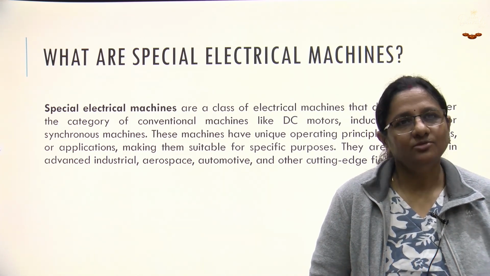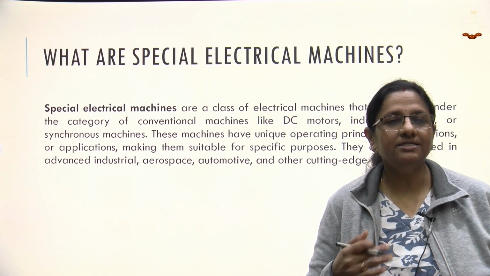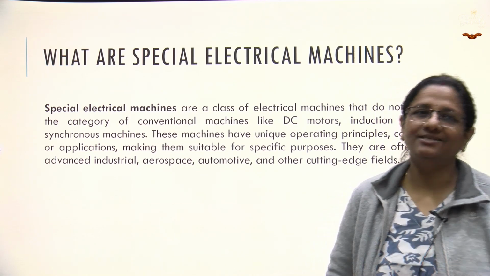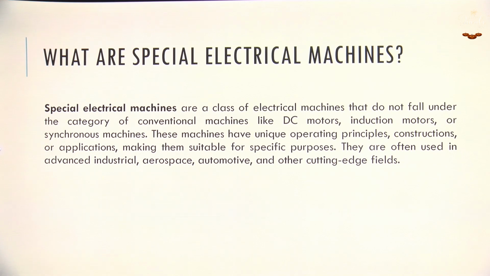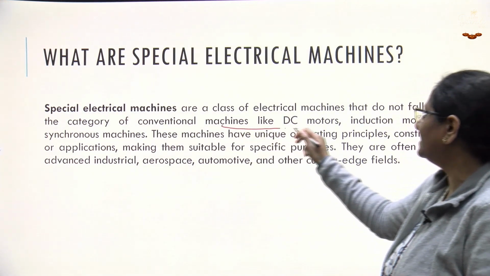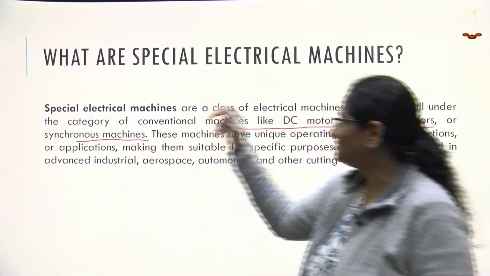Now, in the subject of special electrical machines, let us start with understanding what actually the special electrical machines are. The special electrical machines are a class of electrical machines that do not fall under the category of conventional machines like DC motors, induction motors, or the synchronous machines.